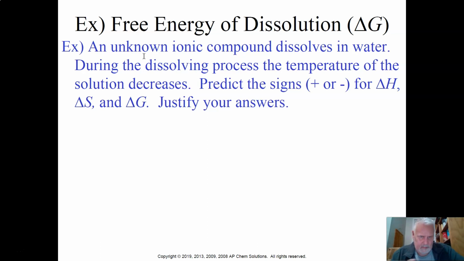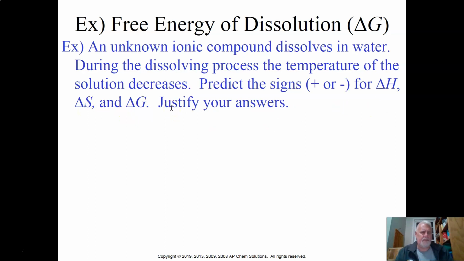Of all the processes that are going on, I want you to be able to predict all of the big three that we've just learned about: delta H, delta S, and delta G. Okay? And I'll give you one hint. Do it in this order. Go delta H, and then delta G, and then delta S, and then do it in the order that they have there.